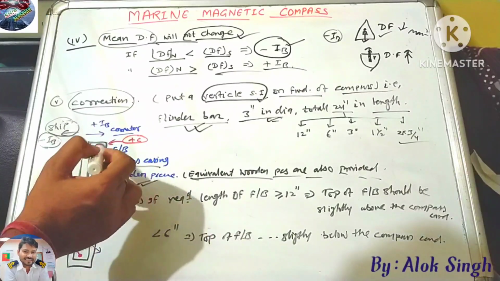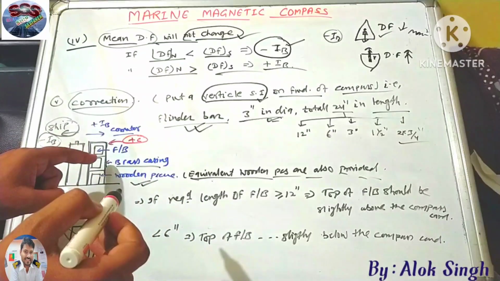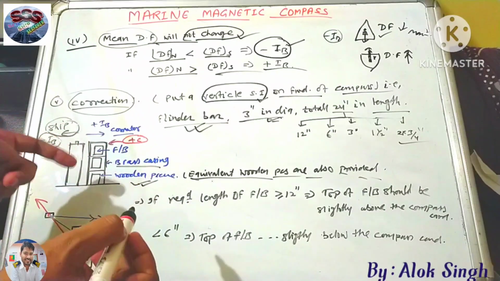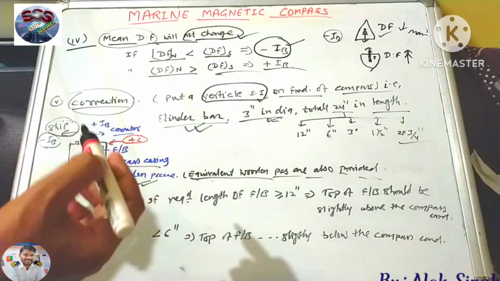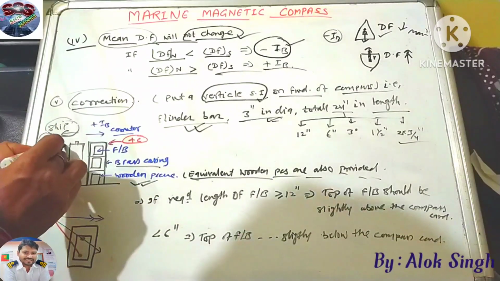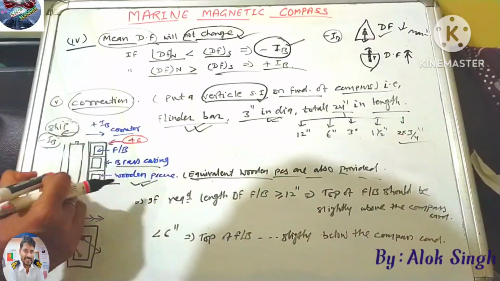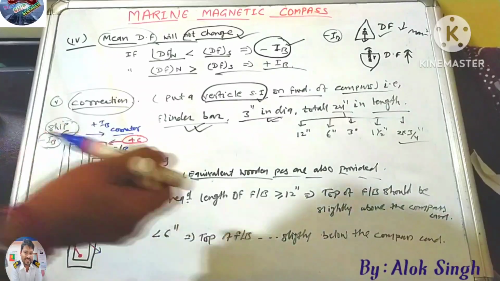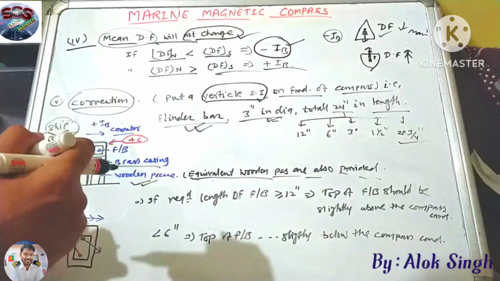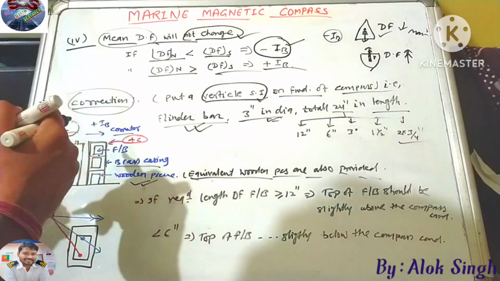Now suppose here we are putting the flinder bar, so this is soft iron, so this will also get induced. And suppose your vessel is in the northern hemisphere, so the way your funnel is inducing, how it is inducing here, if it is in the northern hemisphere, then a red pole is here, and blue pole is on the top. Same way this will also form, blue pole on the bottom and red pole on the top.